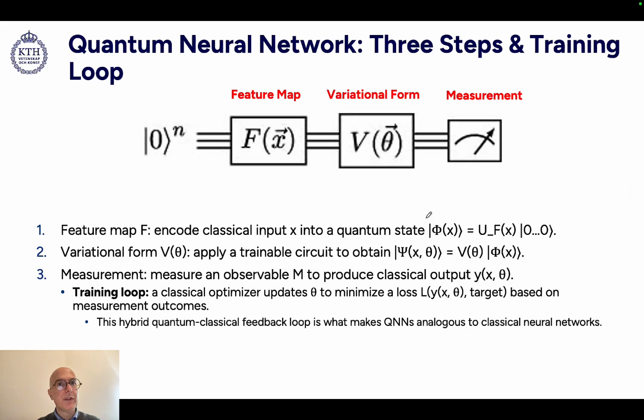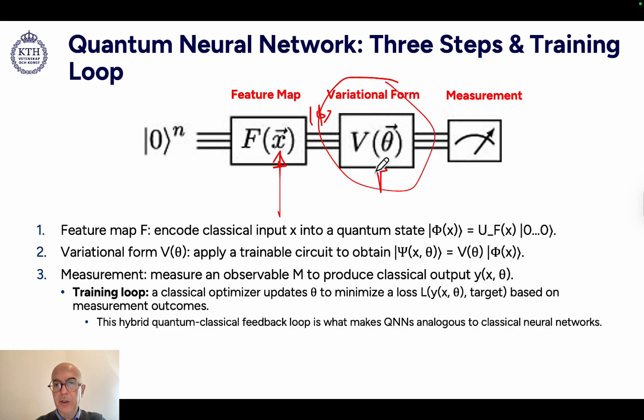So to summarize and finish up this lecture for today, the quantum neural network resembles the classical neural network. We start with feature maps that encode the classical data in a feature vector that we call X, and then we create a quantum state that we call phi in the ket notation, and this quantum state feeds into the variational form.